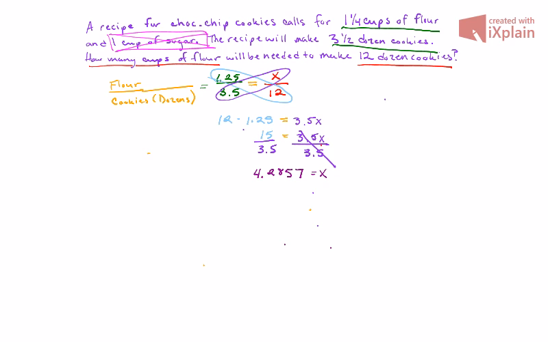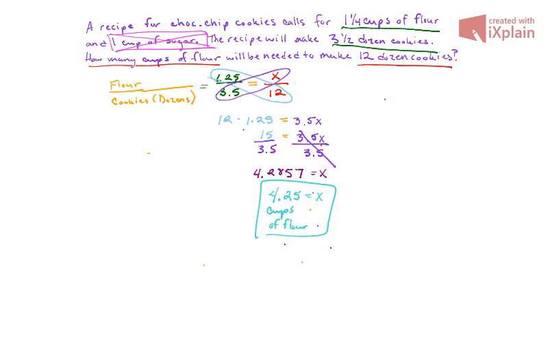Do you have any sort of measuring cup that will allow you to get 4.2857 cups of flour? Odds are no, but you could measure out 4 full cups of flour followed by another quarter cup. So your answer will be 4.25 cups of flour. Okay, that is the solution for that problem.